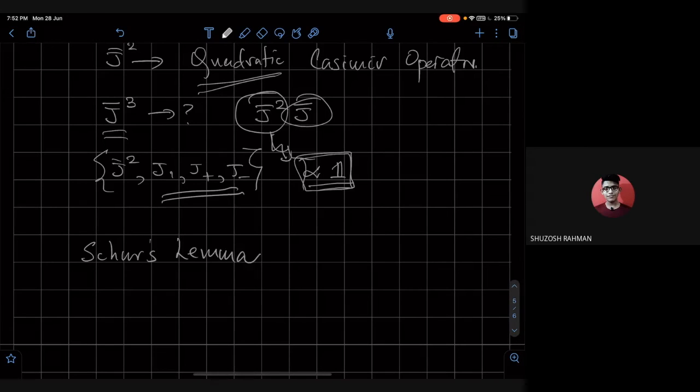And Schur's lemma, which is proved in linear algebra courses and also in group theory courses, tells us that if we have a set of operators and there is a particular operator which commutes with all the other operators, then that particular operator must be proportional to the identity operator, which is what J squared is.